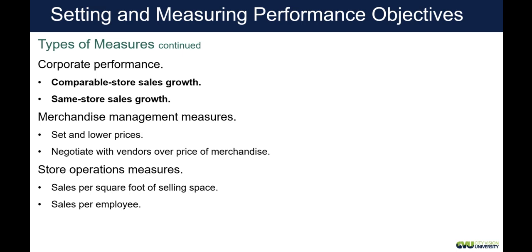Or same store sales growth. That's an important one, as an average. Merchandise management, lower pricing, being able to control our costs, cost of goods sold, sales per square foot, sales per employee. These are all really important performance objectives that we would use for the corporate level.